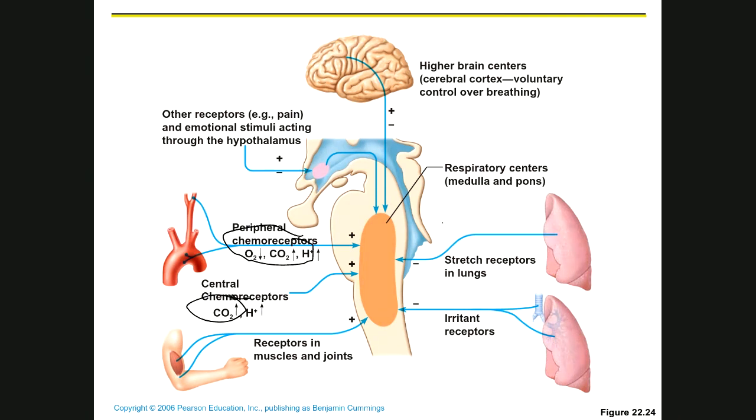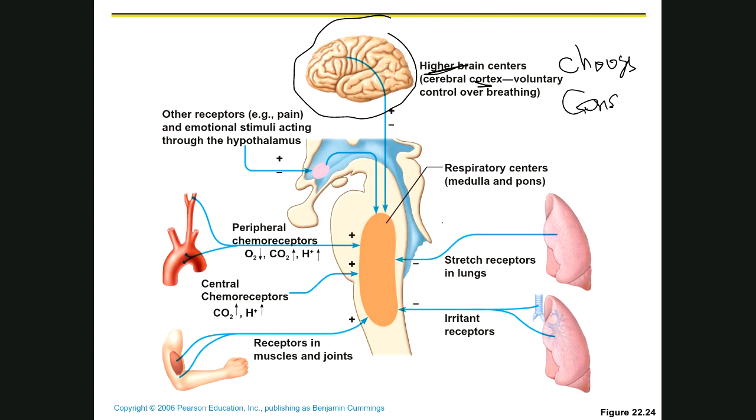There's some other things that affect breathing. One thing is your conscious brain, your higher brain, the cortex. We get to choose how fast we're going to breathe. You can consciously control your breath. In other words, you can hold your breath if you want to. You can also breathe really fast if you want to. So that's another thing that affects it.